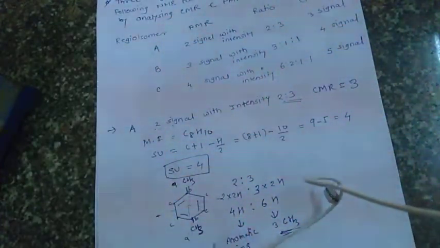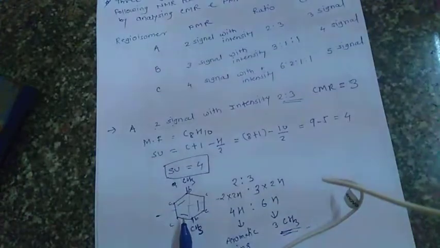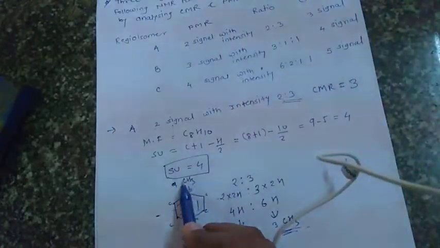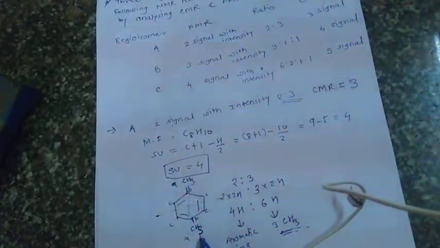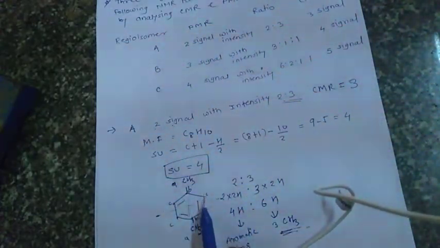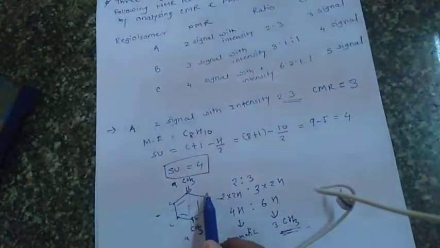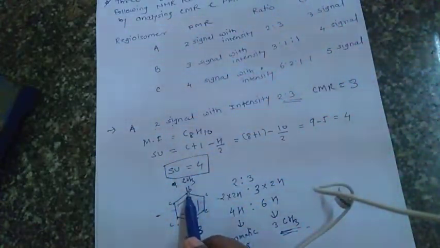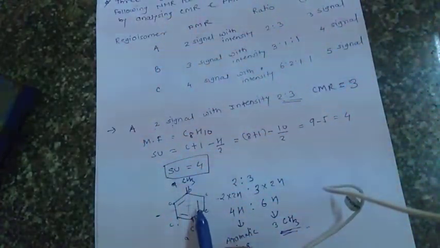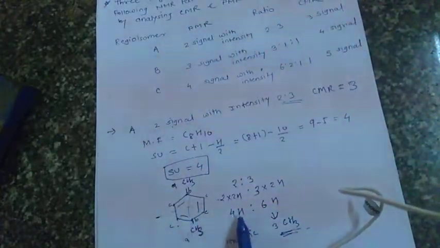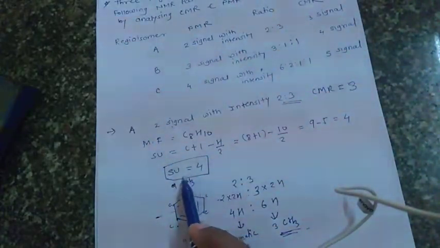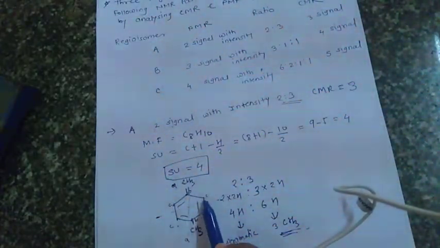That means the CMR shows how many signals over here? 3 signals. In case of PMR, here how many hydrogens are there? This CH3 has 3 hydrogens, this CH3 has 3 hydrogens, that means 6 hydrogens, and the benzene ring contains 4 hydrogens, since each of these carbons contains 1 hydrogen. This carbon has no hydrogen. That's why their intensity ratio is what, 4:6. Here there are two different types of hydrogen, one of CH3 and another of this CH.